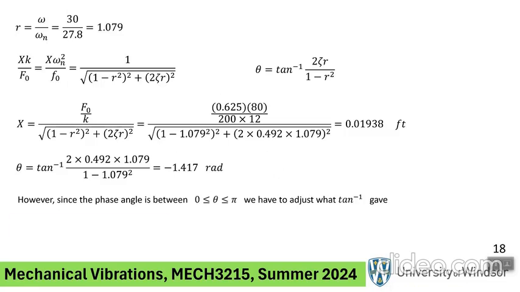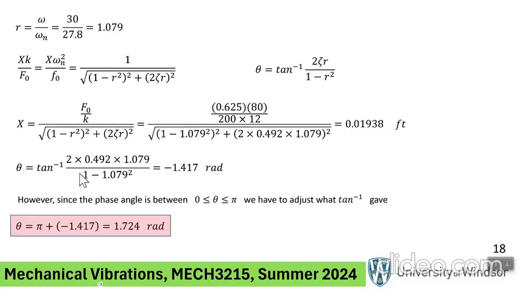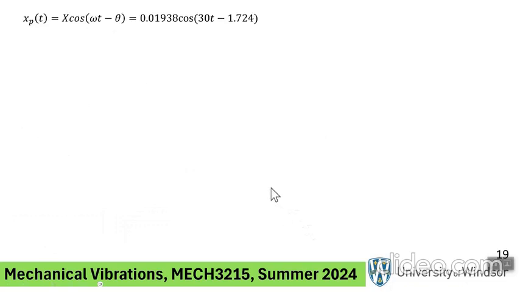So you have to add pi to it in order to get it between 0 and pi. Okay, just think about this. So that is the correct value of theta, not what the calculator spits out. If you put this in your calculator, this is what's going to come out. But theta must be between 0 and pi, so you add a pi to put it in the appropriate quadrant.